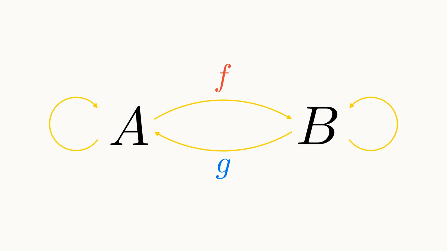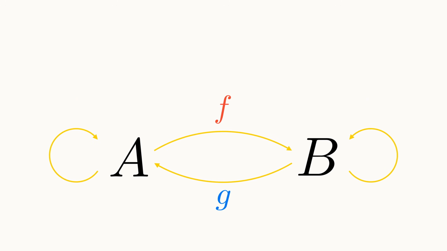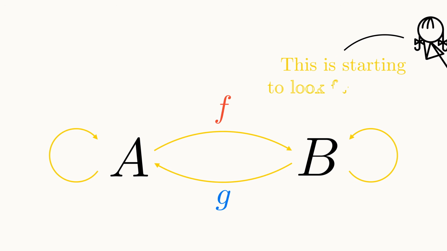There must be a unique arrow f from A to B, since B is terminal, and similarly, there must be a unique arrow g from B to A, since A is terminal. Finally, there must be a unique arrow from A to itself, and from B to itself, as there must be a unique incoming arrow from every object in the category to each terminal object, which includes arrows to itself.